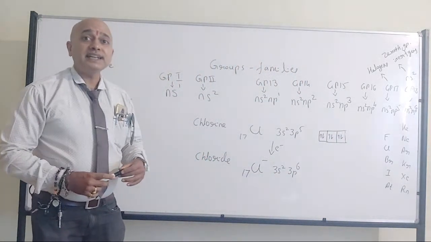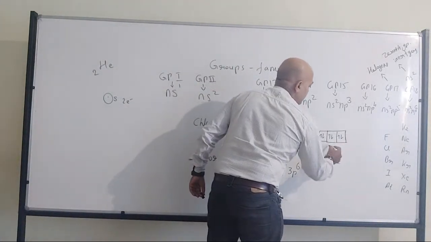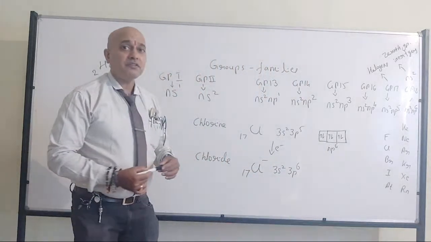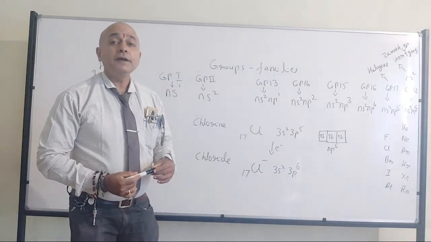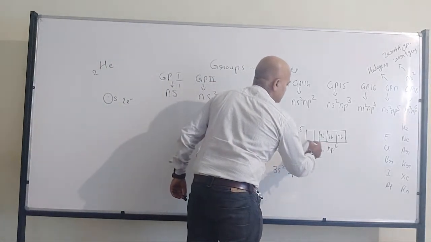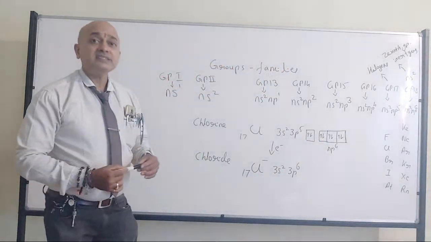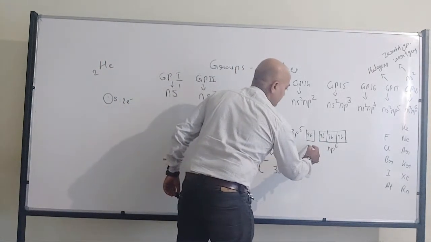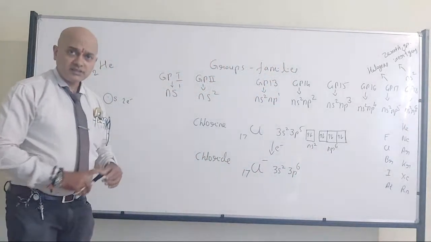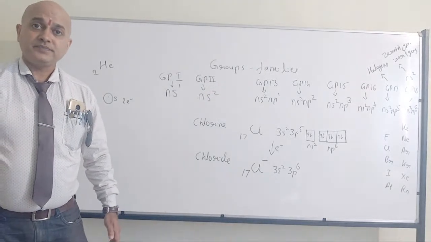So np6 means a completely filled p subshell. And ns2 means a completely filled s subshell, because the s subshell has only one orbital. So this will be the stable electronic configuration.